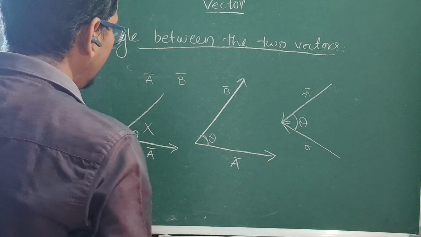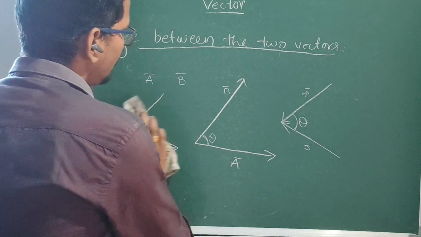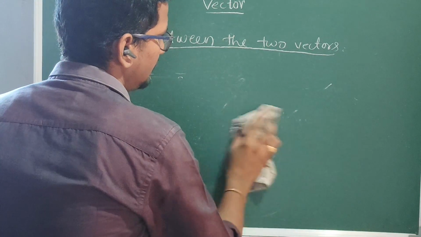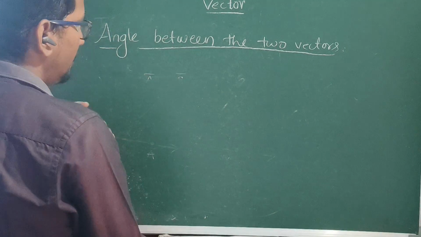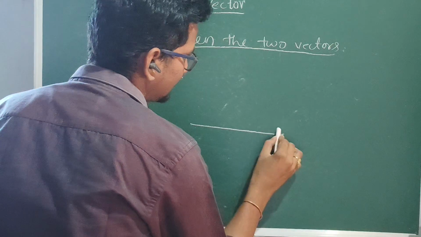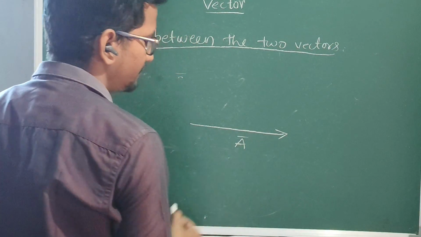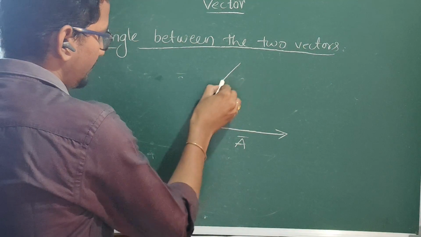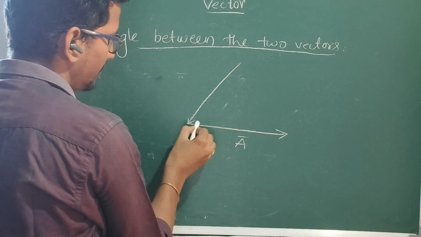For example, in this case, we write a bar, and another vector b bar.